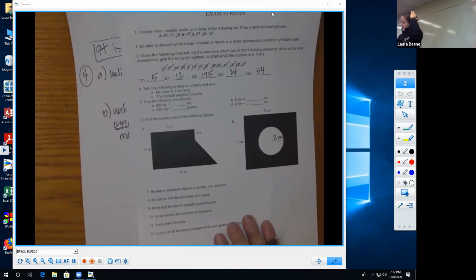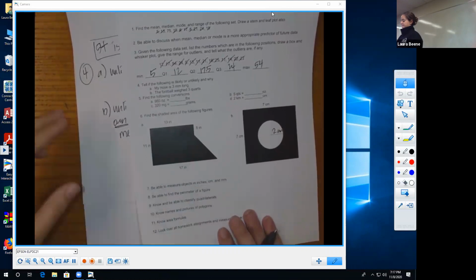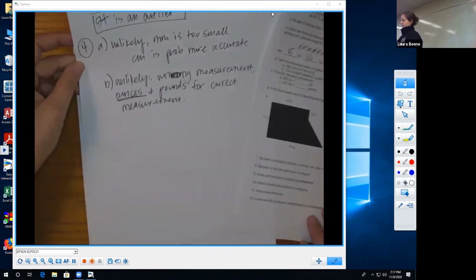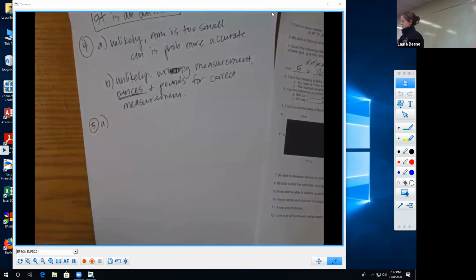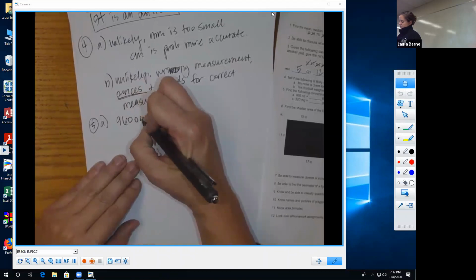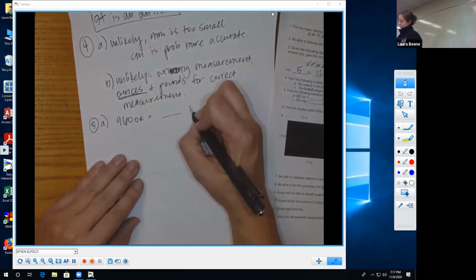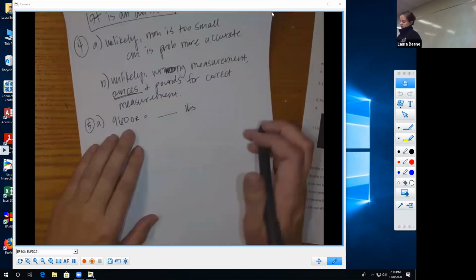For number 5, the conversions. For part A, 960 ounces into pounds. Okay, so we know that there are 16 ounces in a pound.